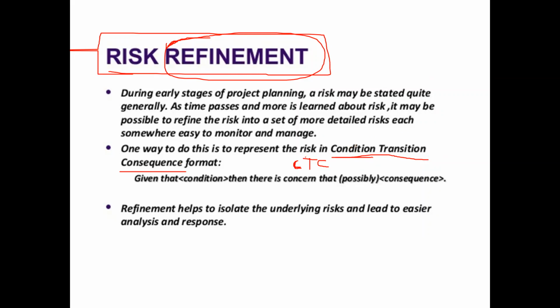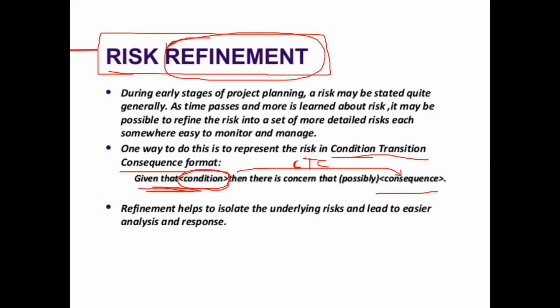The condition transition consequence format tells you this is the way to write. First write the condition of that particular thing, and then write what risk may appear. In this way you should write each individual risk.